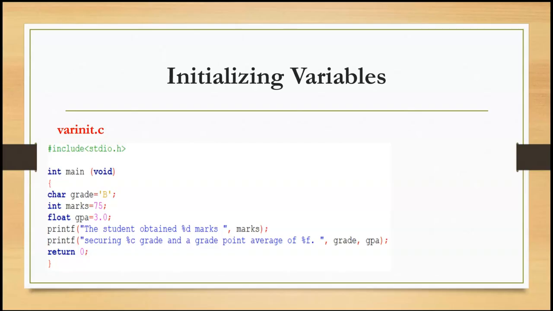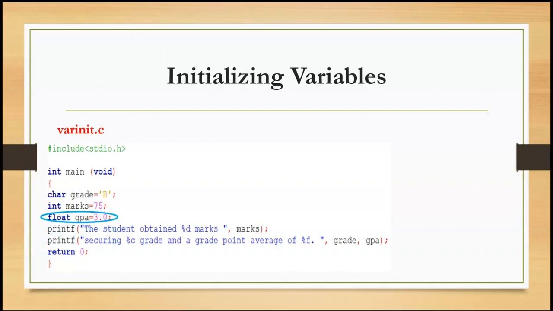In this program, as you can see, we have defined a character type variable grade and we have assigned it the value B. Since B is a character, we have enclosed it using single quotes. Next, we have defined an integer type variable marks and we have assigned it the value 75 using the assignment operator.